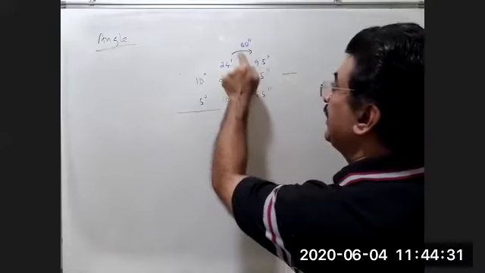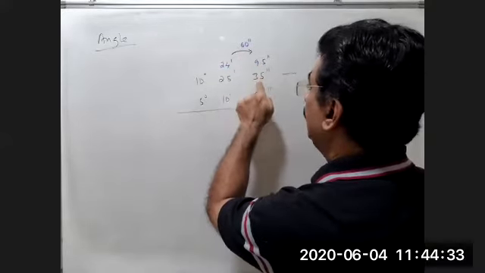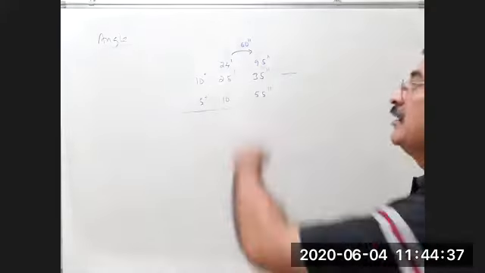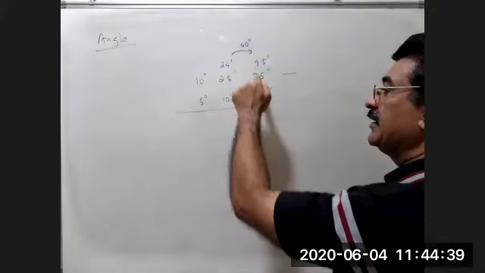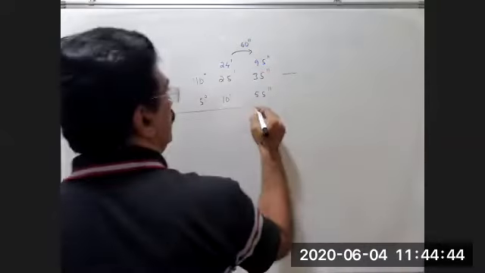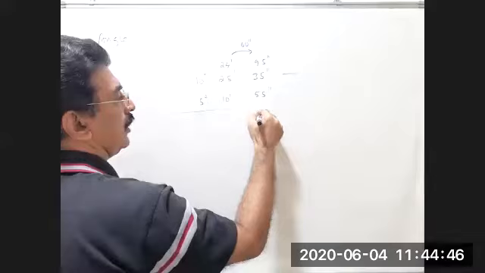So adding 60 seconds here, 35 plus 60 became 95 seconds. 95 seconds minus 55 seconds. Now we can subtract. 95 minus 55 is 40 seconds.